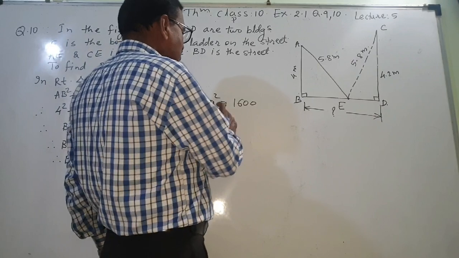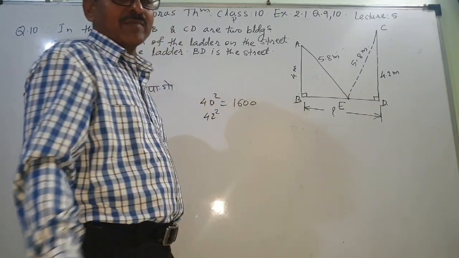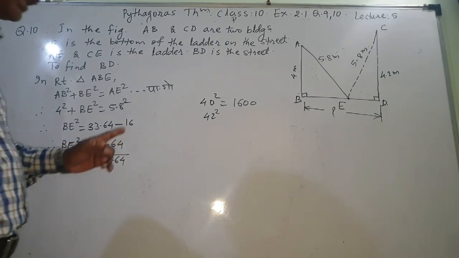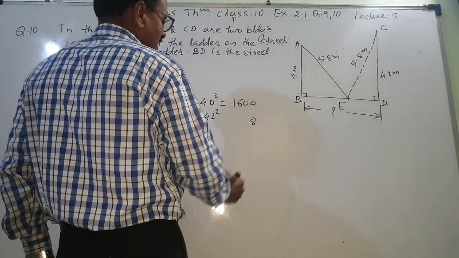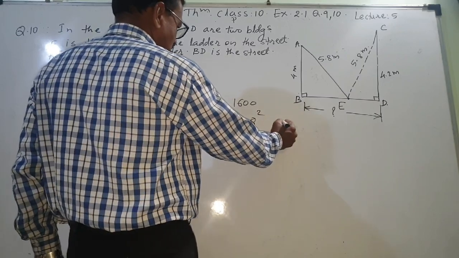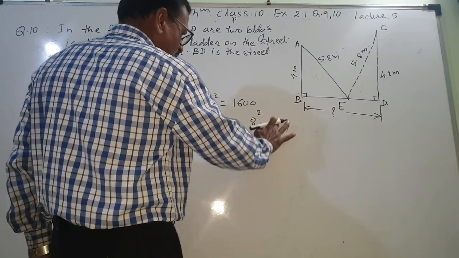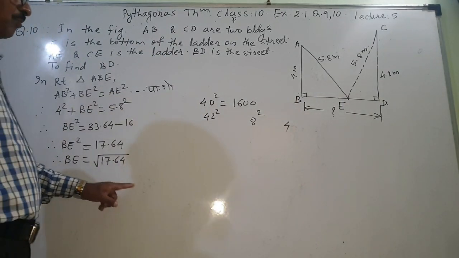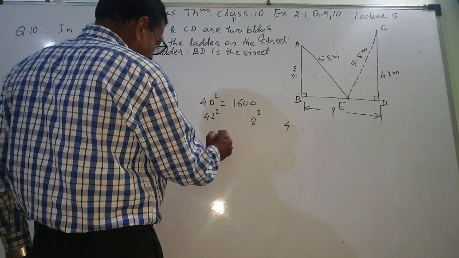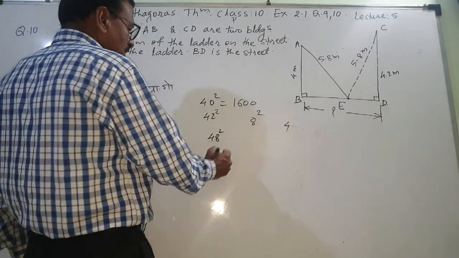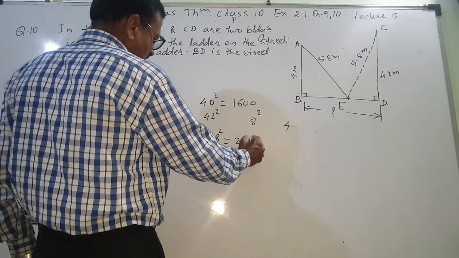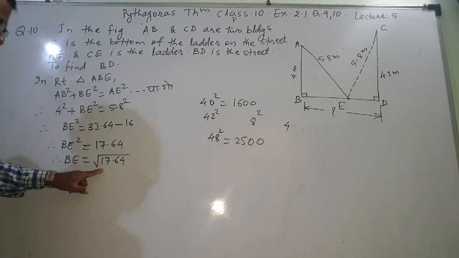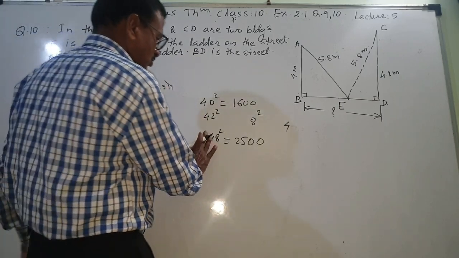Then 2 in which table can it come? In 3 table 9 will come, 6 table 6 will come, and 8 table 8, that will be 64, means 4 will come in the last digit. I want the last digit as 4. 8 means I have to take 48. But 50 square is 2500, so it is too far. So maybe 42 square.